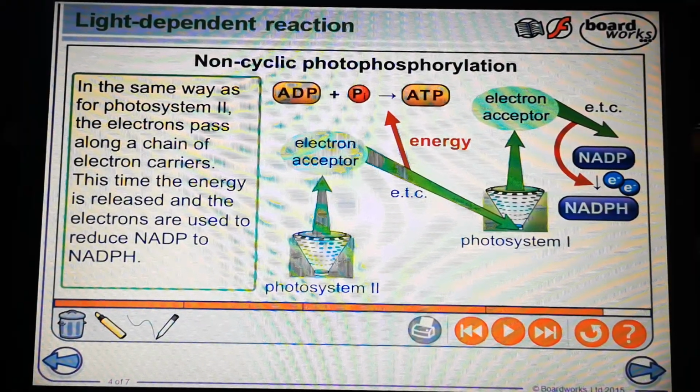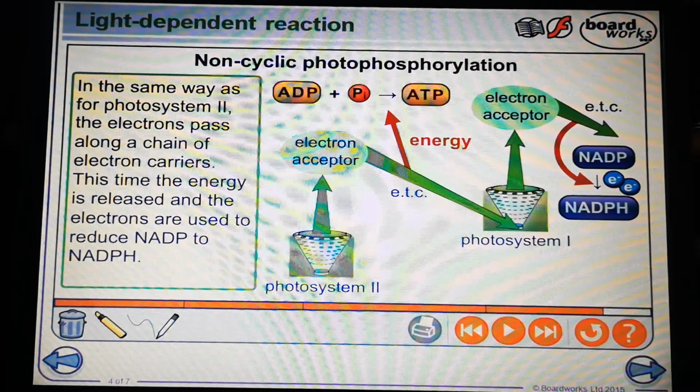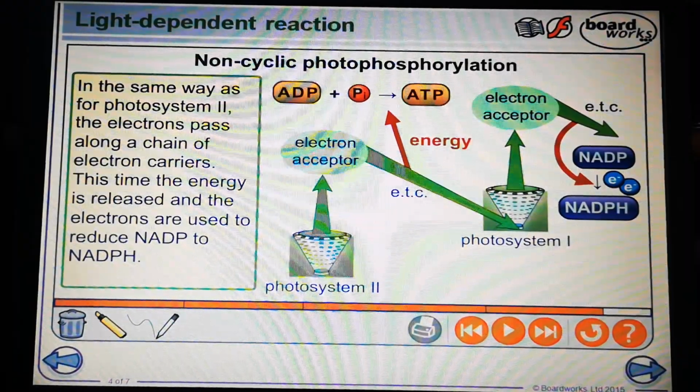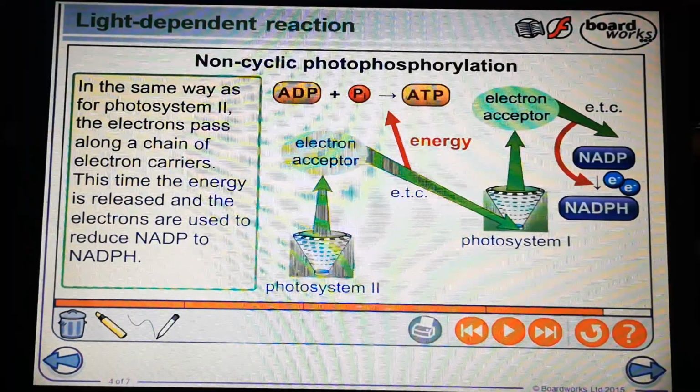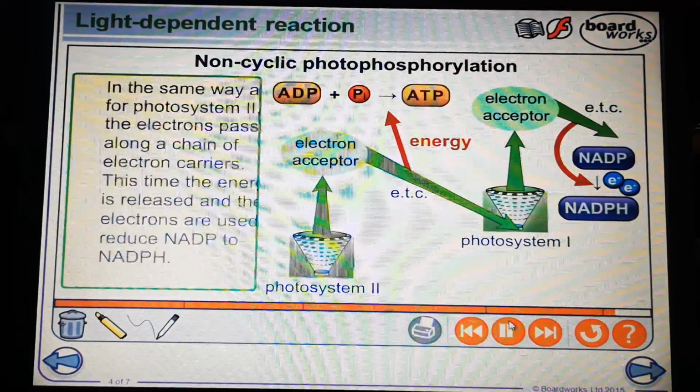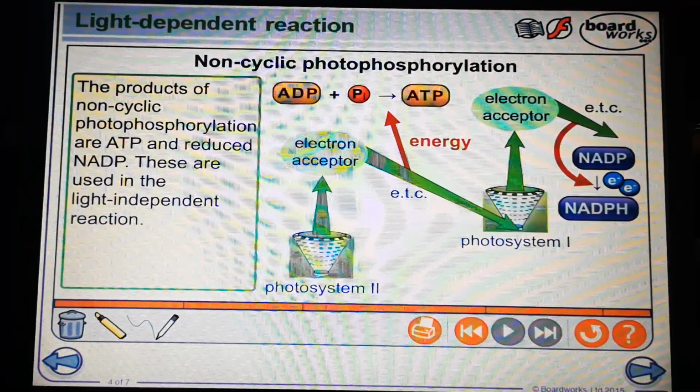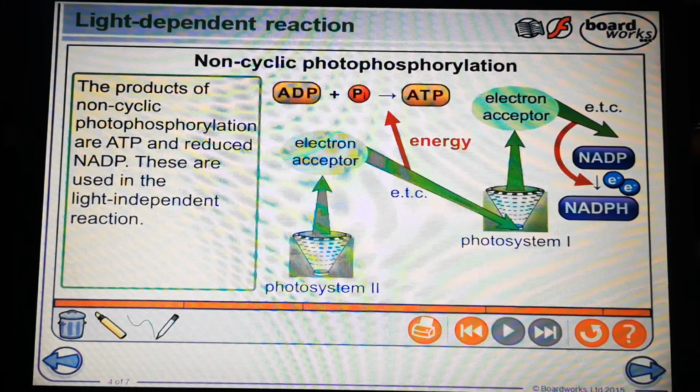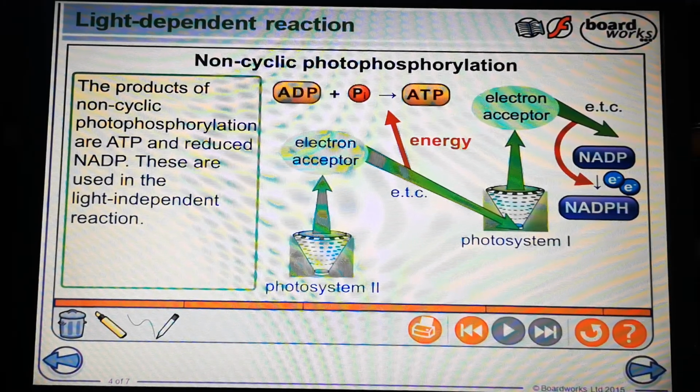So NADP is going to pick up a hydrogen, so it's going to be NADPH2, we obviously discussed that earlier, or I like to call it reduced NADP. And that reduced NADP will be used in the next stage, which is our light independent reaction. But that's the first part.